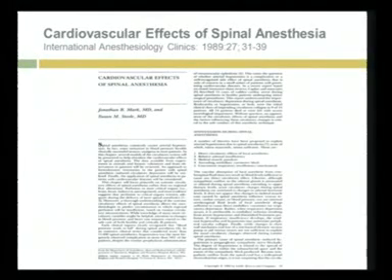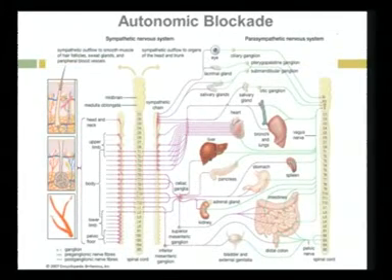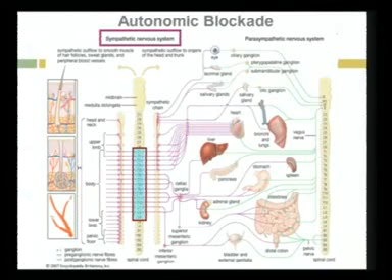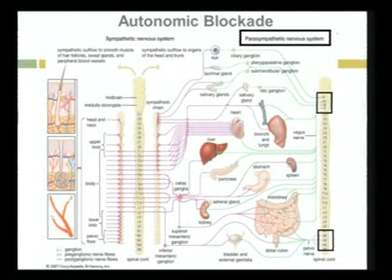So, coming to the hemodynamics, this review article published in 1989, which was well read, explained in detail how hypotension takes place after spinal or central neuraxial blocks. As we know, the main site of action of central neuraxial block is the preganglionic outflow fibers, and the sympathetic nervous system is thoracolumbar, whereas the parasympathetic nervous system is craniosacral.